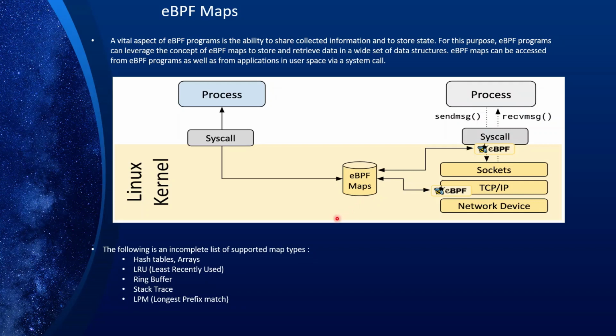This is by no means an exhaustive list, but these are some examples of the types of maps that can be created: things such as hash tables and arrays, LRU or least recently used, ring buffer, stack trace, LPM, and so on.